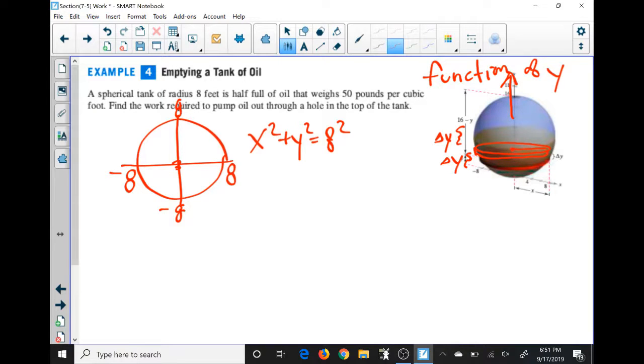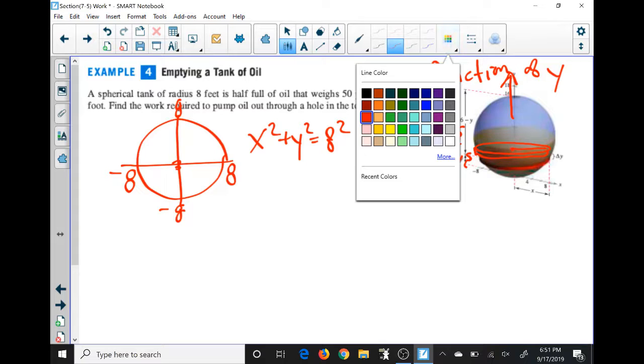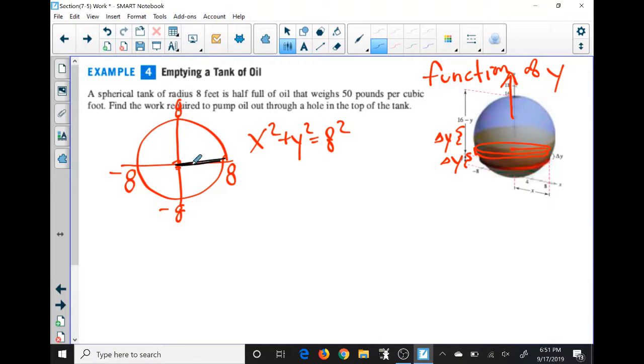But we don't need the whole circle. We just need the distance from the center to the side of the circle, because each of these is going to have a radius. See this disk? So this radius is the distance from the center to the side of the circle.